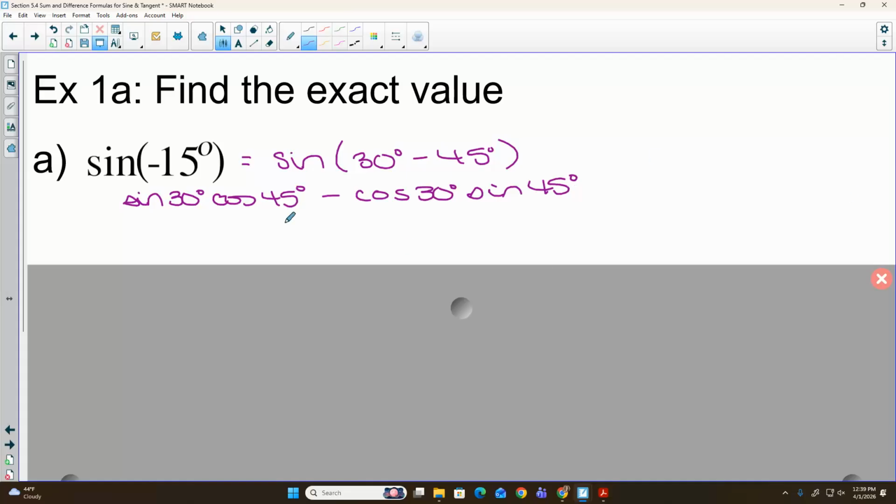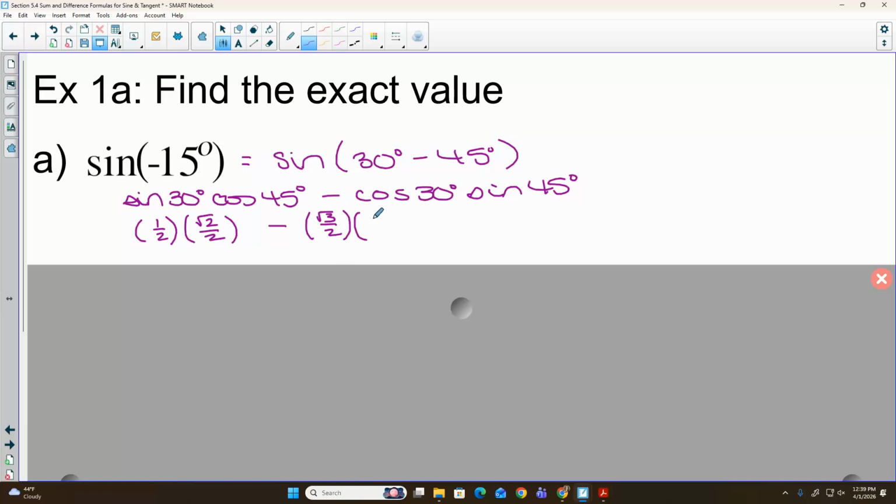So now this is the hand trick. Sine of 30 degrees. So remember sine, square root of the top over 2. So radical 1 over 2 is a half. Cosine of 45. So cosine, square root of the bottom over 2. Minus cosine of 30. So square root of the bottom over 2, radical 3 over 2.